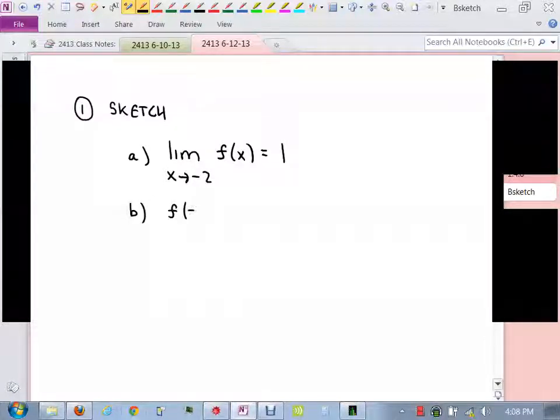F of -2 equals 4. Limit as x approaches 0 from the left of the function is -1.